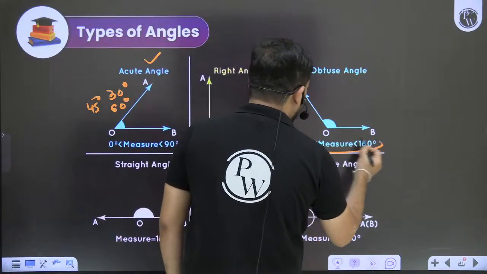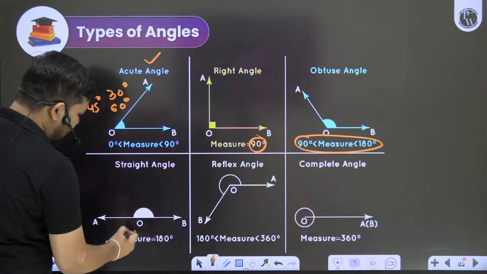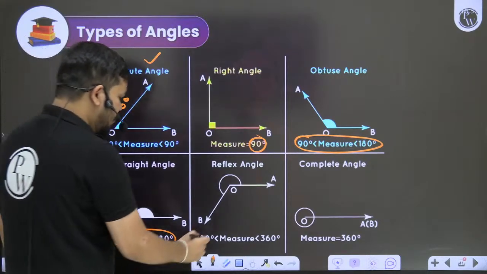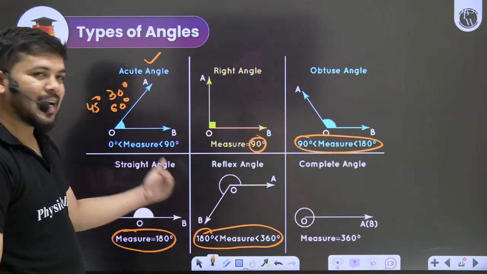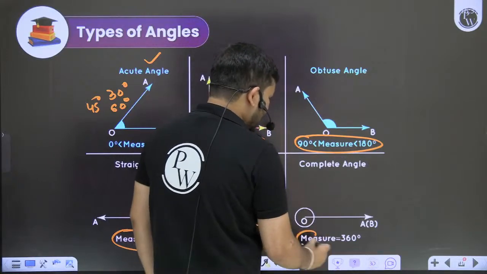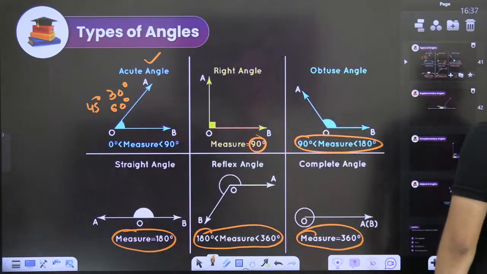Then more than 90 and less than 180, that is an obtuse angle. And straight angle, if the angle is equal to 180, that will be known as a straight angle. Reflex angle, more than 180 and less than 360, that will be the what? Reflex angle. Complete angle, that will be equal to 360. Done.